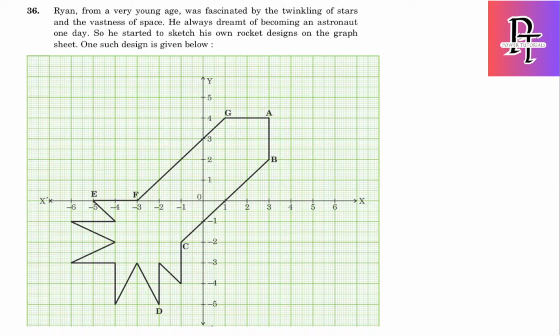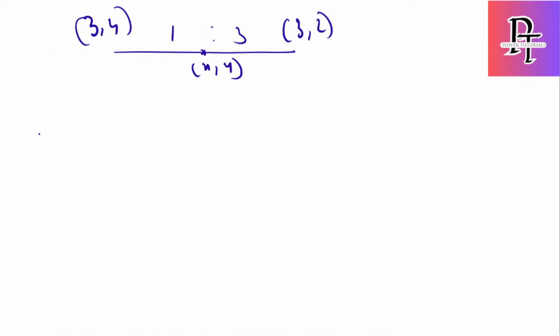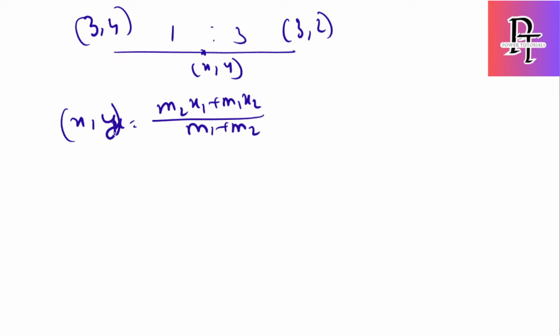Okay. The ratio point is y is equal to m2 x1 plus m1 x2 by m1 plus m2, comma m2 y1 plus m1 y2 by m1 plus m2.